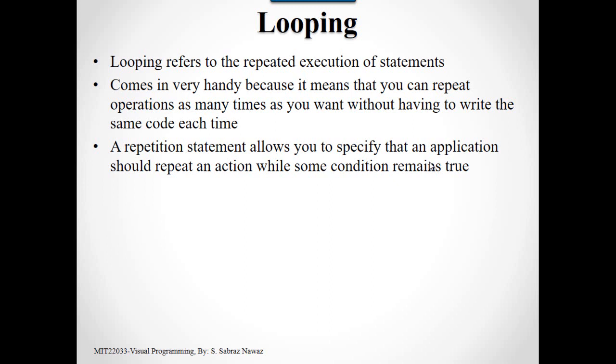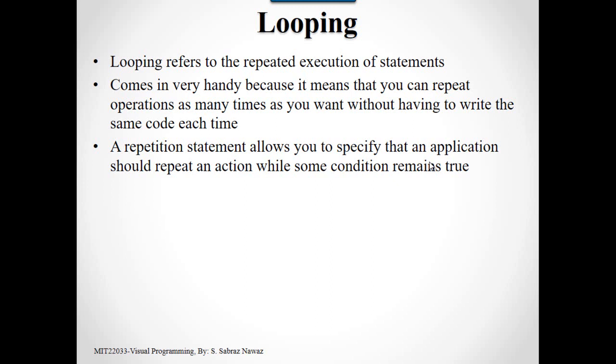A repetition statement allows you to specify that an application should repeat an action while some condition remains true. As long as the condition remains true, the statements will be executed, and when the condition becomes false, the execution of the structure will jump out and continue with the balance of the code.